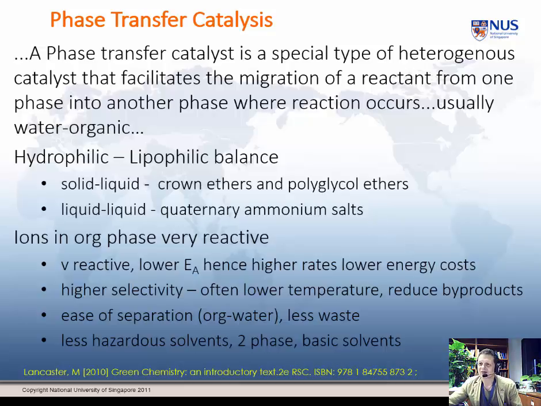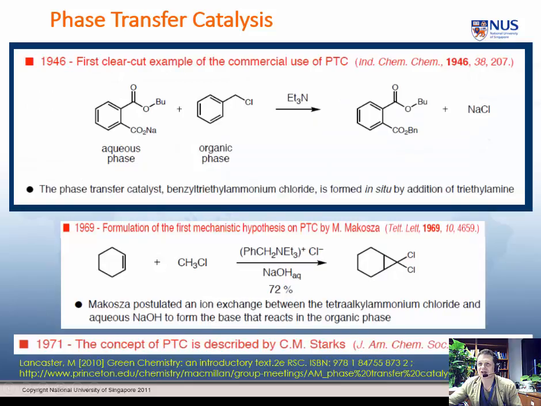So it's quite ingenious really, but all you're doing is engineering the reaction space. Now you can look at this in Manahan, but let's give you a little bit of the history of this and where it's come from. Probably as far back as 1946, there was the first clear-cut use of a phase transfer catalyst.